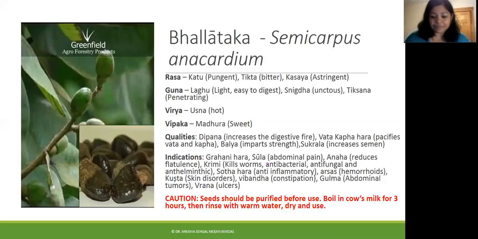Okay, so bhallataka is another very potent, very hot substance, and this is the reason why we use it. Usually when we use bhallataka, we don't ever use it alone. It's always in combination with other herbs, and the reason is because it's very potent. Similarly with shatrika, it is very potent.